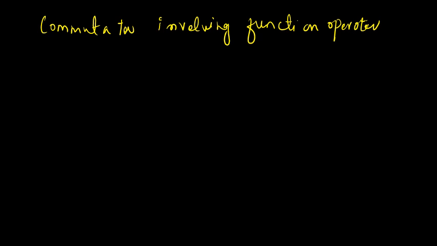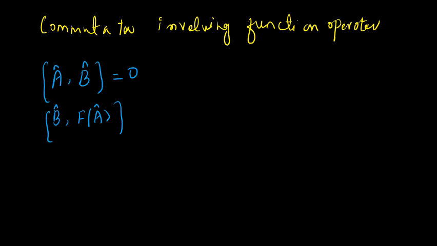Let's suppose we have an operator A, and if it commutes with another operator B, that is, this commutator is equal to 0, then this operator B will commute with the function of operator A. So this is the first property for the commutation relation which involves the function operator.